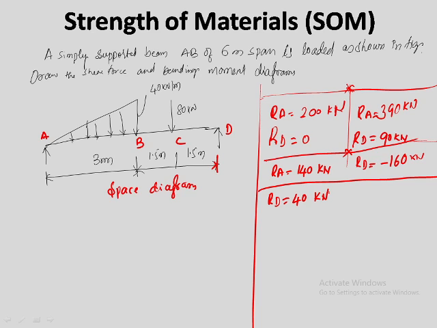If you got reaction forces 100% correct, then your solution is over. Because if you made mistakes in calculation of reaction force, you are going to get a wrong answer and a wrong interpretation of the shear force and bending moment diagram.